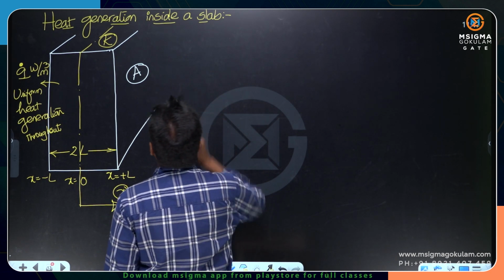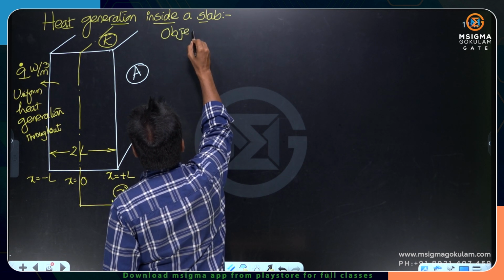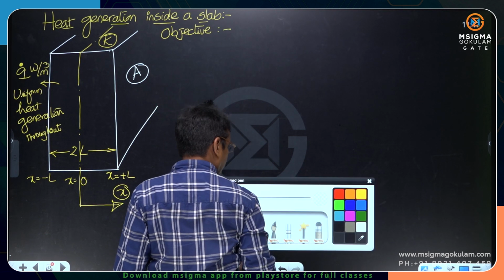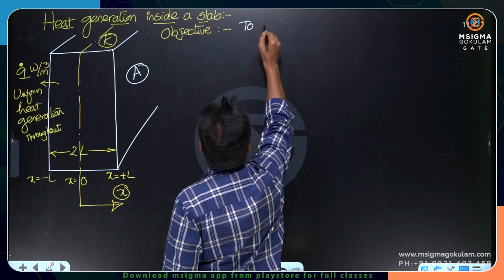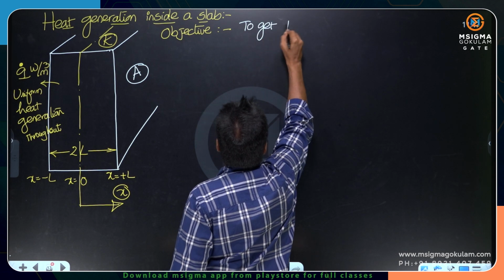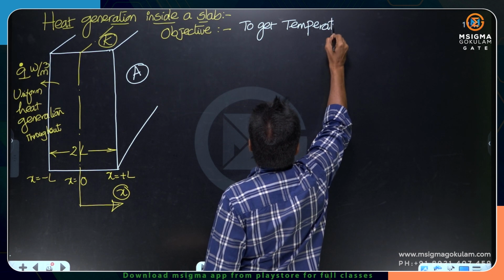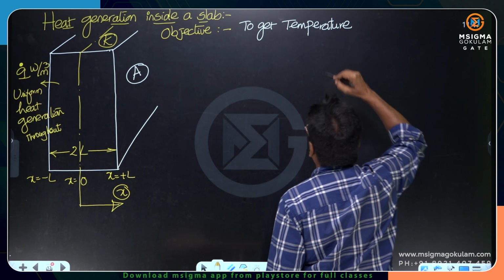Now, my objective is, every heat transfer analysis must have an objective. What is the main objective here? To get the temperature distribution. What do we mean by temperature distribution? How the temperature varies with respect to x.